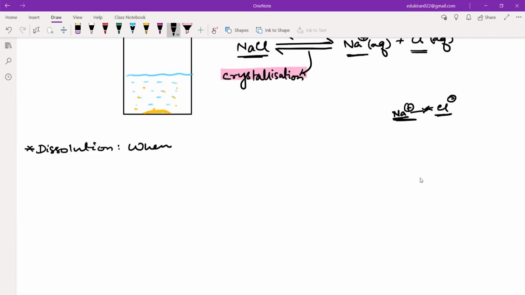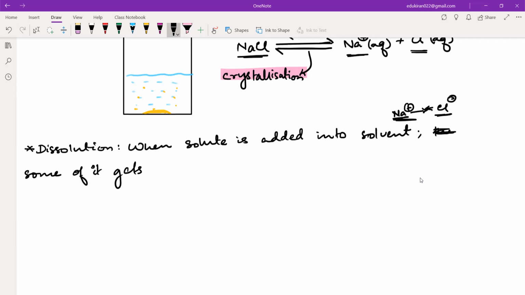When solute is added into solvent, I can say some of it gets dissolved, and its concentration in solution increases. Right? Its concentration in the solution increases. Is that right? Yes or no? Please tell me. Clear, right? Yes, sir.